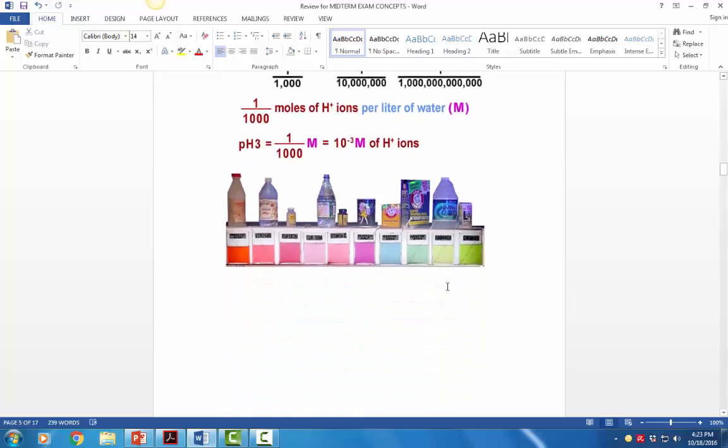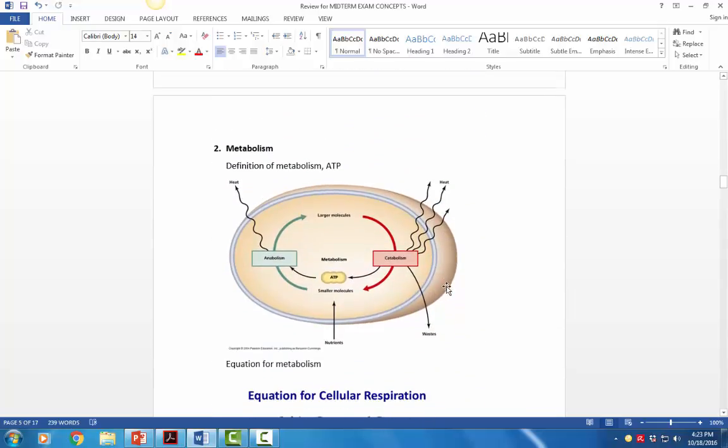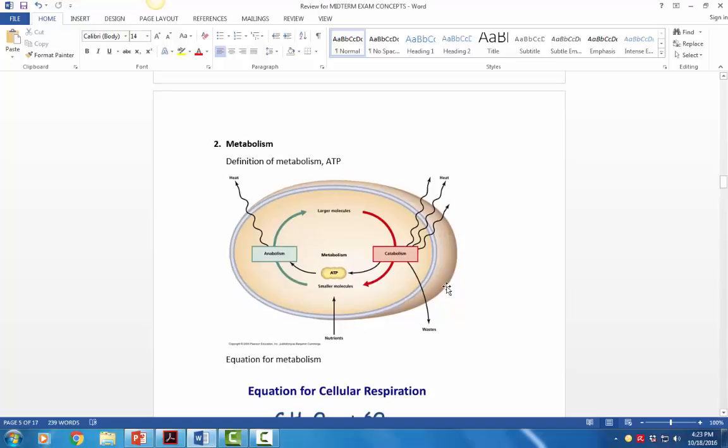Then we talked about metabolism, and we talked about the basic definition of metabolism: all those chemical reactions in the body that are either breaking down or building new. So we talked about anabolism is the building of larger molecules from smaller molecules, and catabolism is the breaking down of larger molecules into smaller molecules.